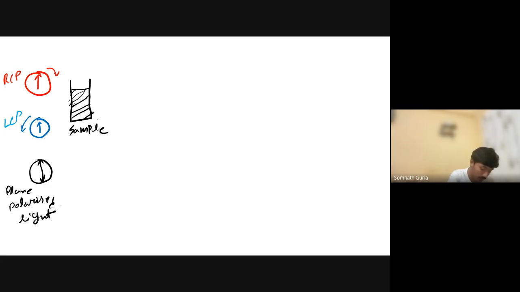Let's suppose the traveling of this LCP and RCP through this sample is different. So let's suppose this is my left-hand circularly polarized light traveling over a particular time. This is the time direction we are talking about.